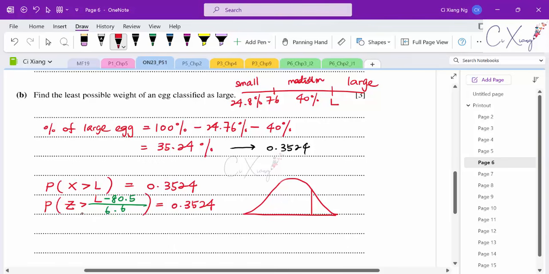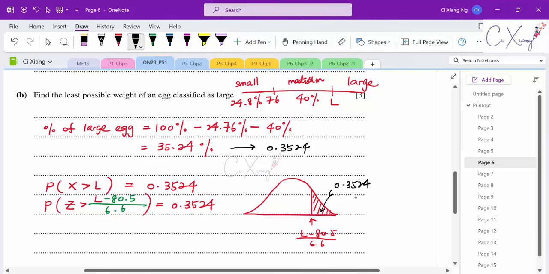They want Z greater than this value, which is a small area. So your graph should look something like this, where this value here will be your (L minus 80.5) divided by 6.6, and I want to know what this particular value is, because I already know the area, which is 0.3524.